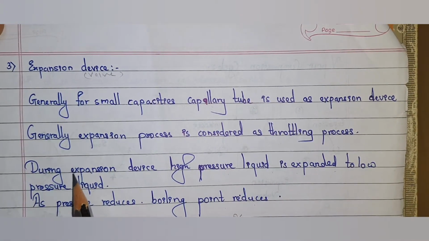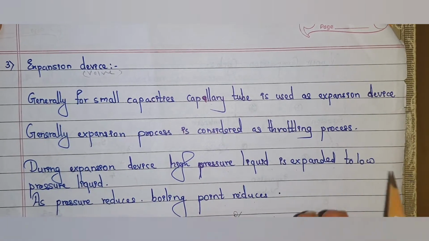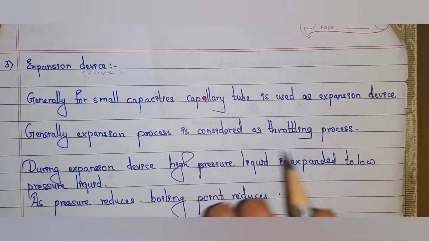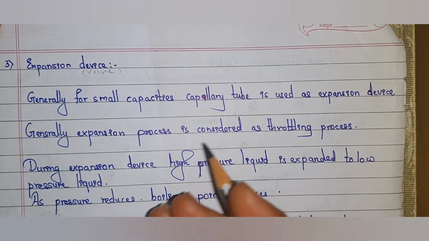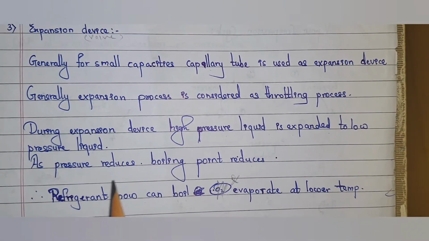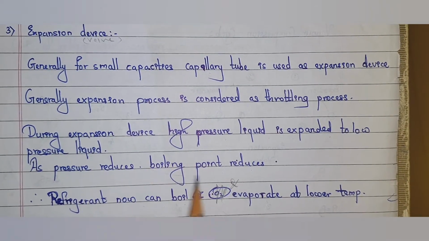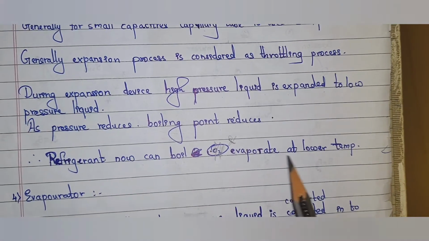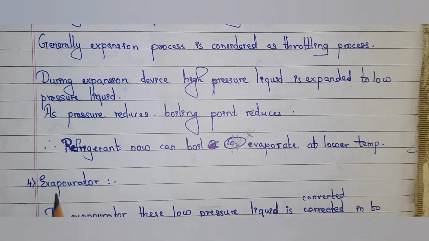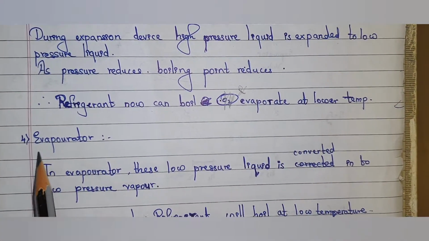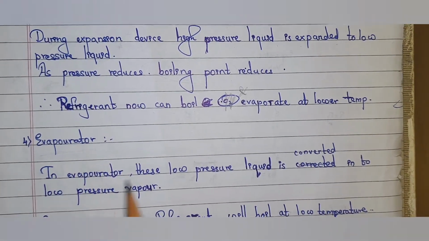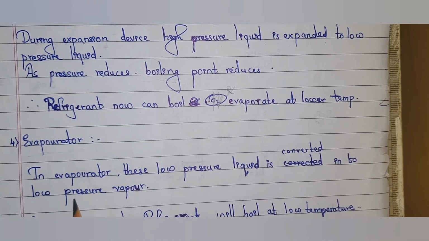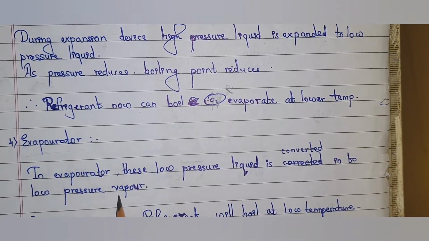As stated before, in the expansion valve, the high pressure and high temperature liquids are converted into low pressure and low temperature liquids, so we achieve a lower boiling point, and it is easy to transfer. Now our fourth component is the evaporator. In the evaporator, this low pressure liquid is converted into low pressure vapors.